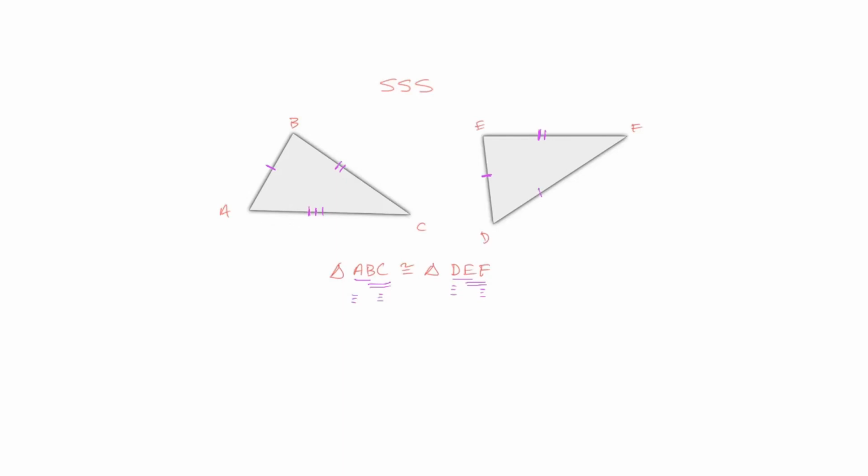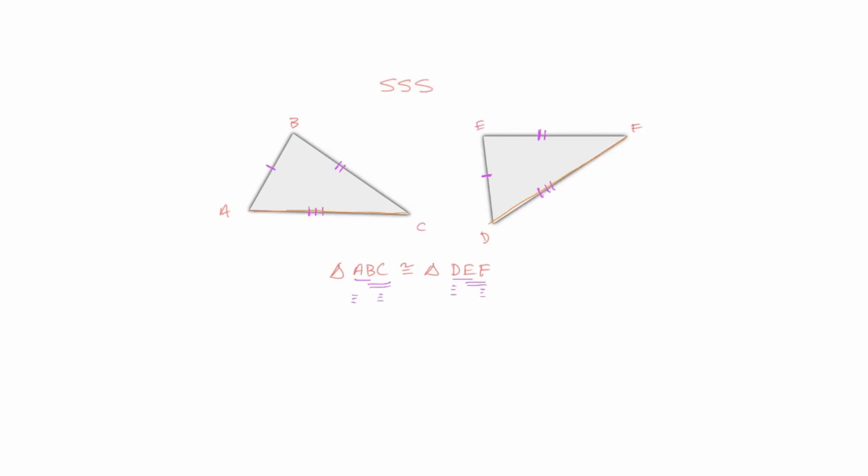And notice that DF is congruent to AC, so I put a matching amount of slashes there to signify that.